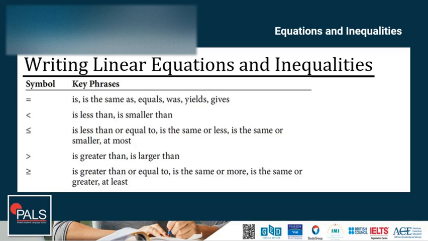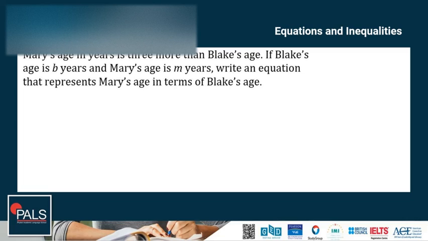Okay, let's try an example. Mary's age in years is 3 more than Blake's age. If Blake's age is B years and Mary's age is M years, write an equation that represents Mary's age in terms of Blake's age.